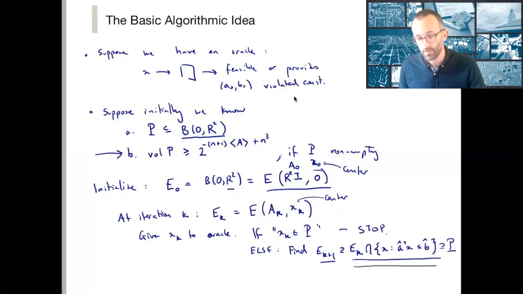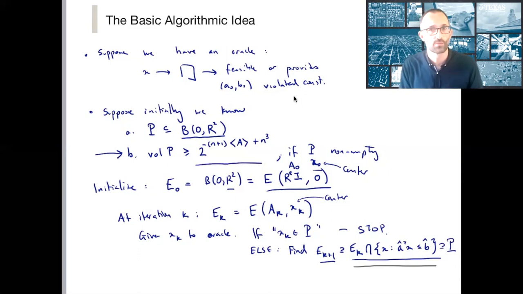If we know that there's a lower bound on the volume, and we know that we have an efficient procedure that is able to find smaller and smaller ellipsoids, whose volume is shrinking by some constant factor every time, then this tells us that within only a polynomial number of steps, we would have an ellipsoid which has two promises now. First, it's guaranteed to contain the set P, and also has a very, very small volume. If that volume is below this, that is a certificate that our set P is empty.